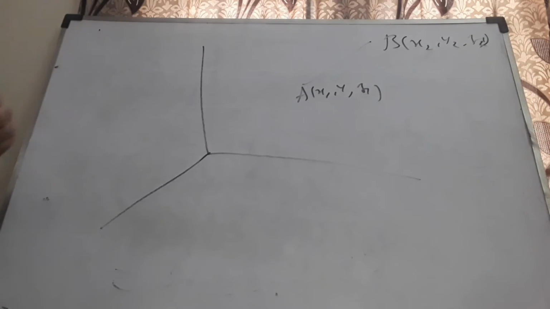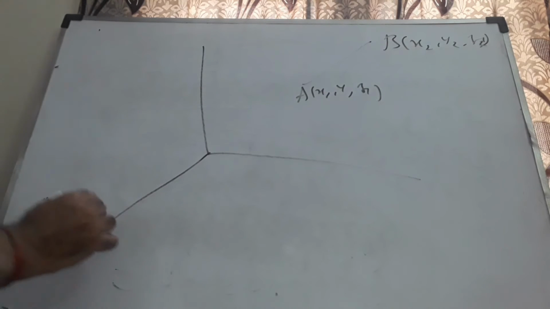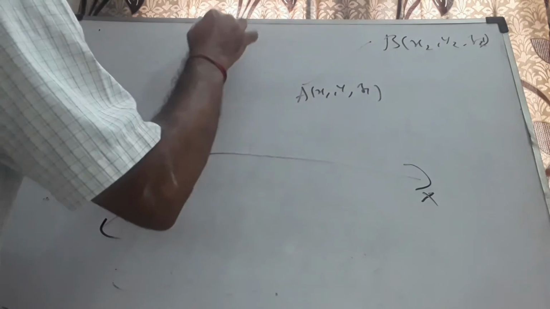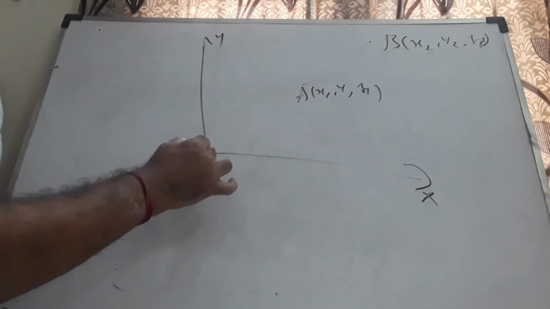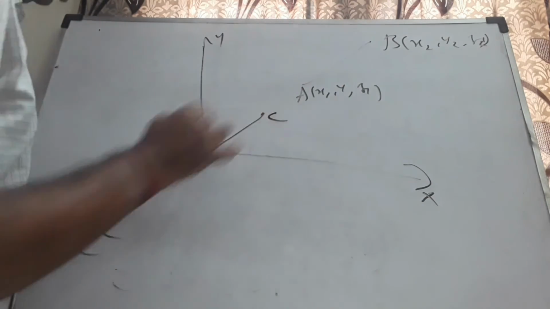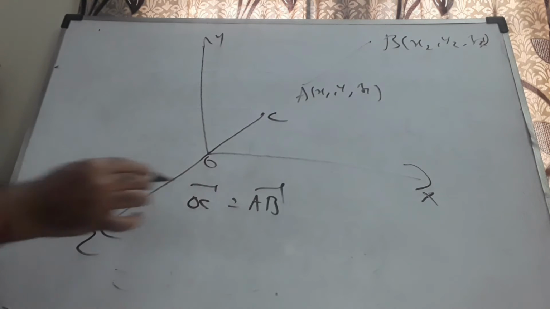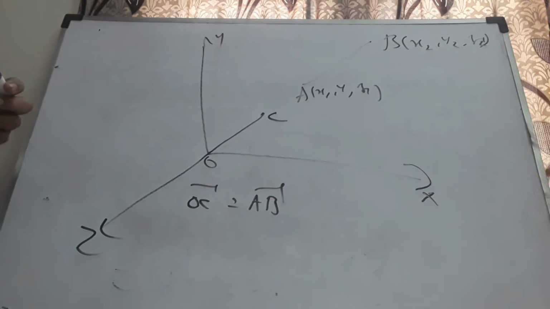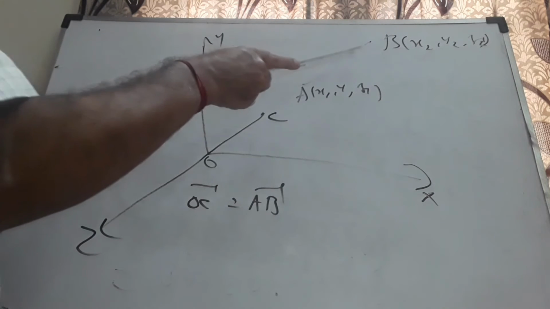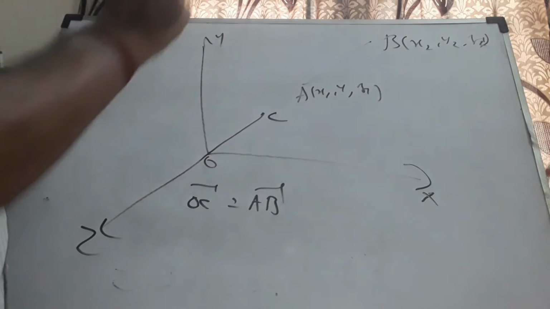Just listen carefully. What I will do here is I'll draw vector OC. This is my x-axis, this is my y-axis, this is my z-axis. I'll draw OC. OC vector is equal to AB vector, where O is the origin, 0, 0, 0. Just listen carefully to the argument about how to find the drs of AB vector.